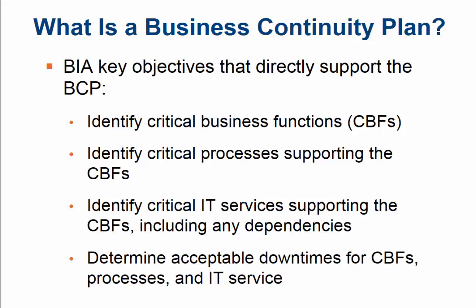The final phase is the reconstitution phase, where the organization returns to normal operations. In order for a BCP to succeed, personnel need to be trained, and the BCP needs to be tested and exercised. Additionally, the BCP needs to be reviewed regularly and kept up to date.